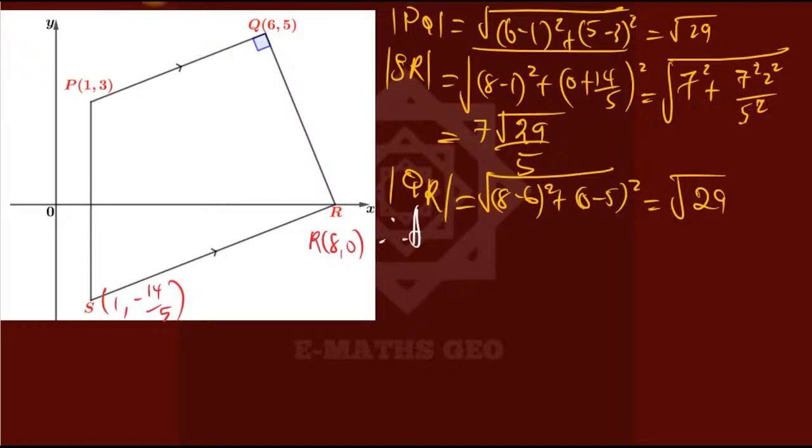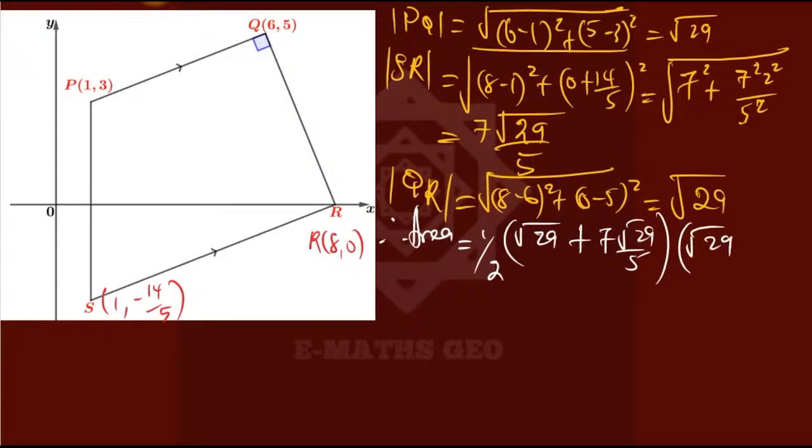The area of a trapezoid is always half the sum of the parallel sides. So the parallel sides are PQ and SR. So this plus 7 root 29 over 5, times the height. The height is QR.